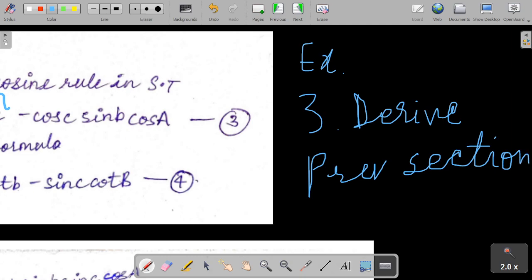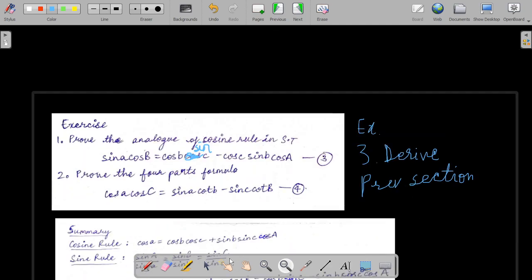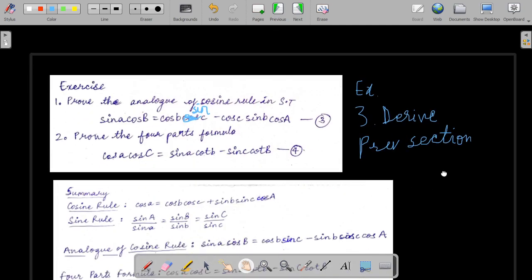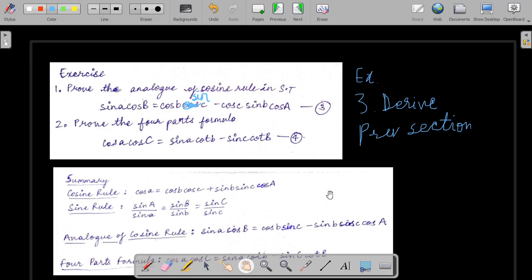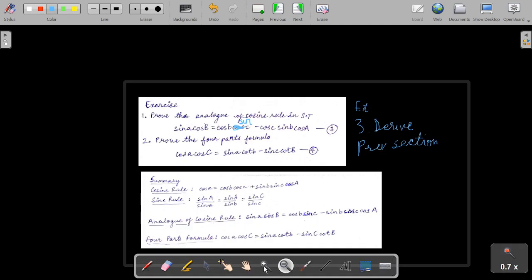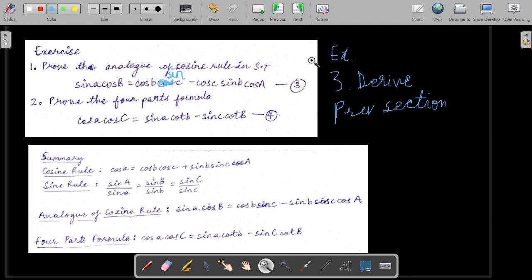Basically, the sine rule and the cosine rule, derive it on your own, as I think you would be familiar with the derivation. So just pause the video and derive it, and when you are comfortable, you can skip to the next section.